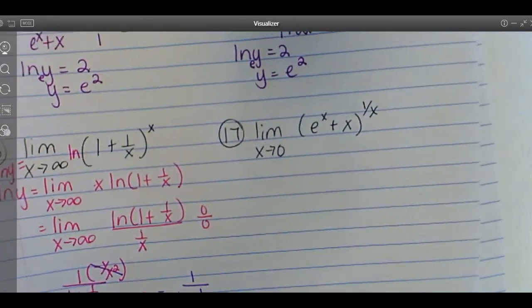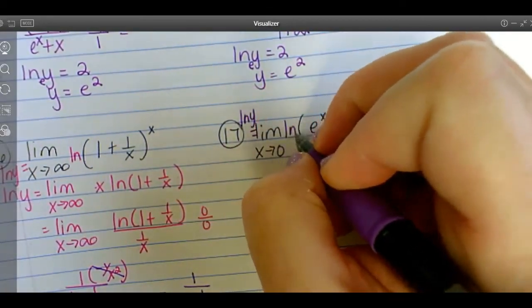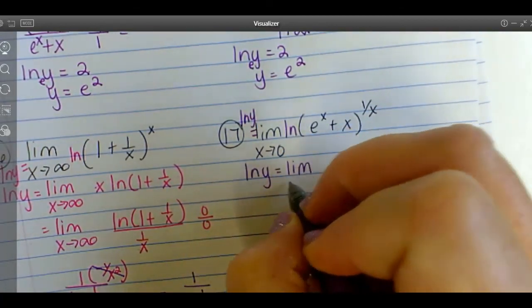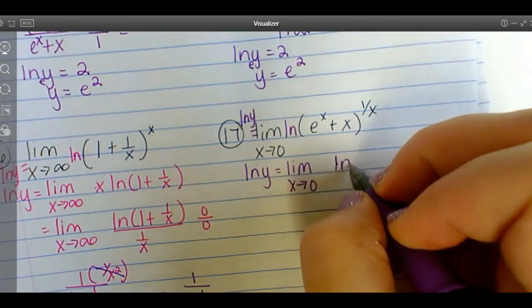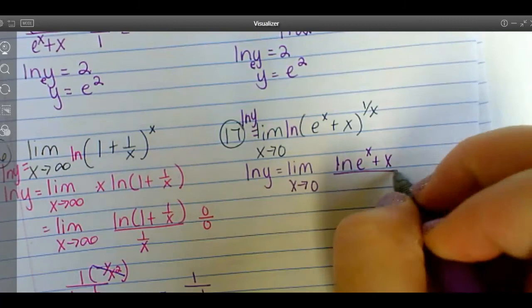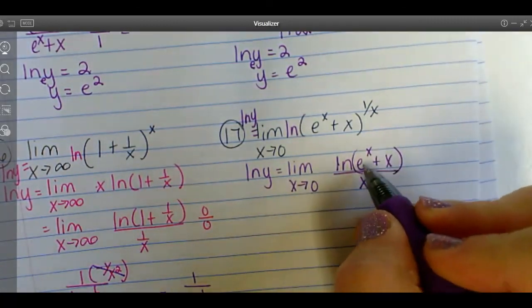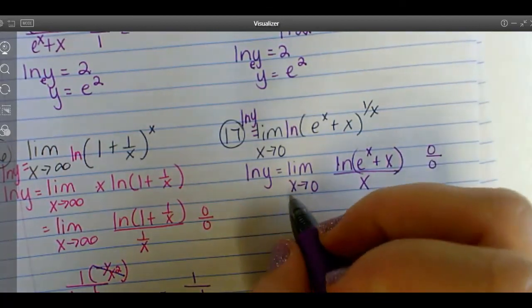Okay, 1 more problem. Natural log of y equals that with a natural log in front. Go ahead and bring our 1 over x down, which means there'll be an x on the bottom. Plug in 0. That's again natural log of 1, which is 0 over 0.